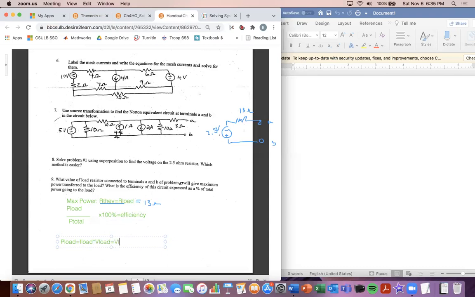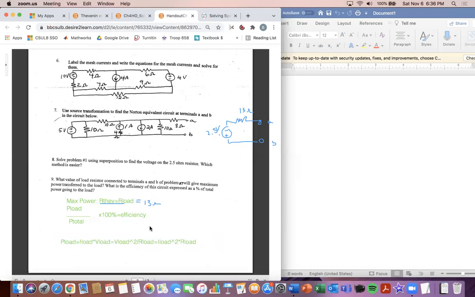It could also equal V load squared divided by R load. And it can also equal I load squared times R load. So V squared divided by R, and also I squared R.